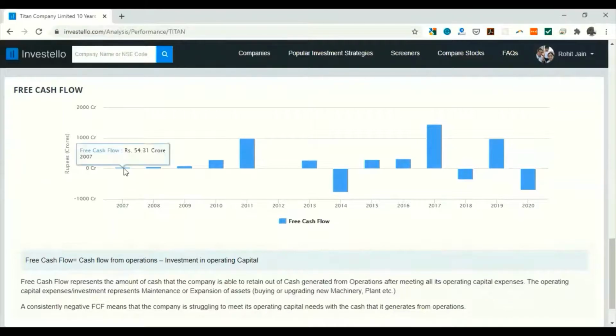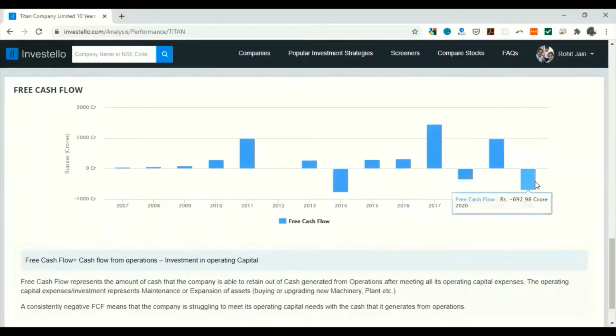So as we can see in case of Titan, in 2007 the free cash flow was 54.31 crores. It was positive for about 4 years and it went up to rupees 988.14 crores, and then it was negative in a few years as well. In 2014, 2018, 2020, it has been negative.